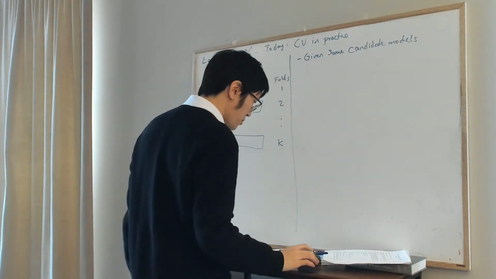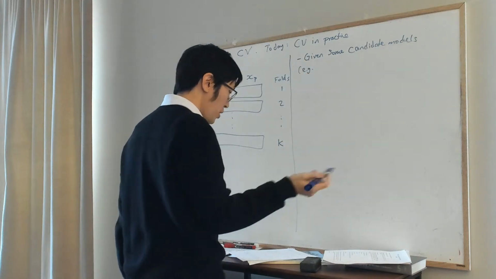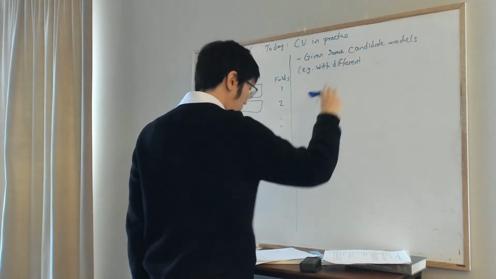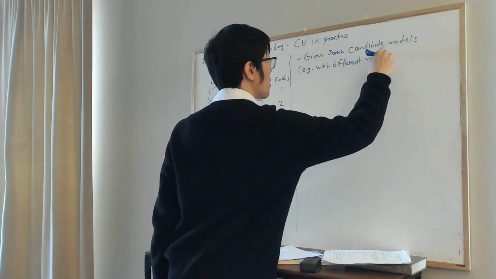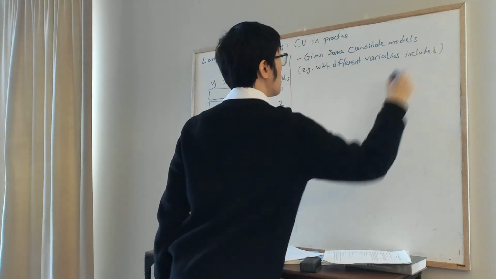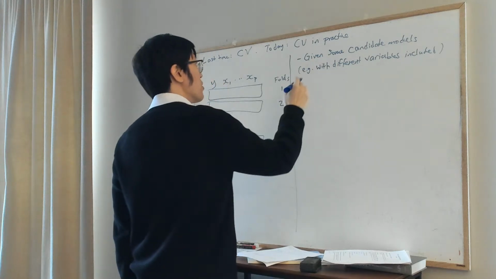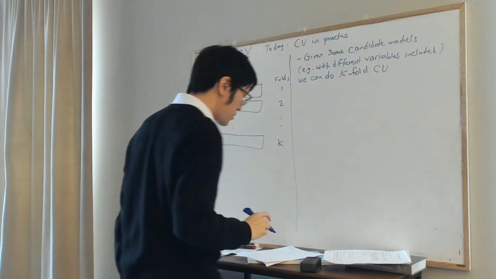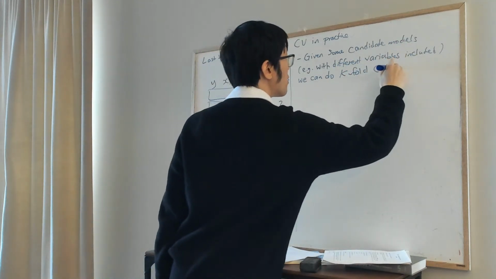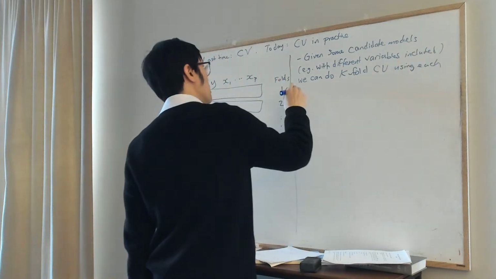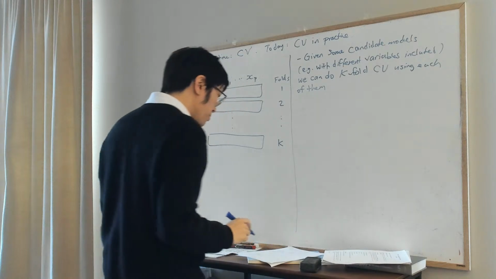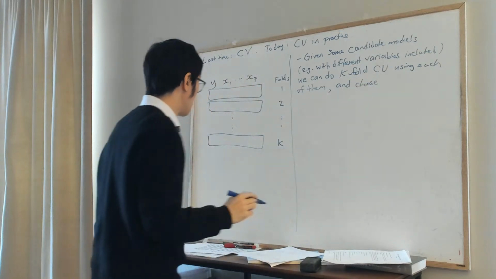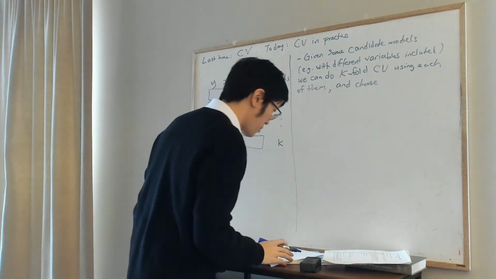So given some candidate models, for example a few with different variables included, we can do k-fold cross-validation using each of them, and then we choose the one with the lowest average prediction error across the cross-validation folds.